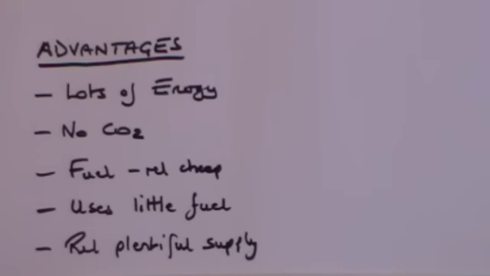The fuel is actually relatively cheap when you compare it with other fuels which often have to be mined. You actually use relatively little fuel because there are billions and billions of atoms, and when you split some of them you get a lot of energy. And there's a relatively plentiful supply of the uranium that you need.